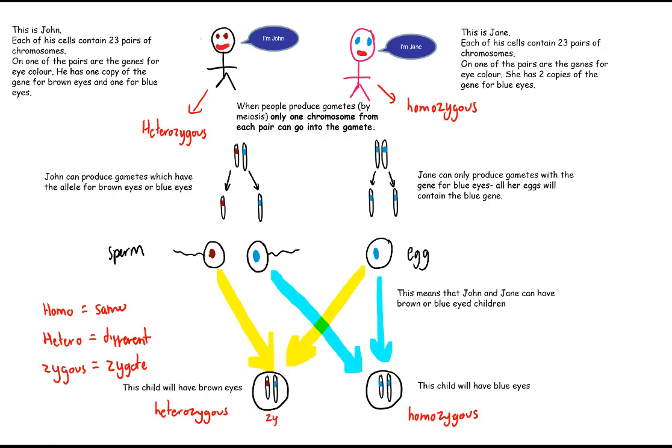So this would be a zygote, as would this. So a homozygous person means that they contain 2 alleles which are the same in their zygote, or in all their cells. Heterozygous means they contain 2 alleles which are different in their zygote.